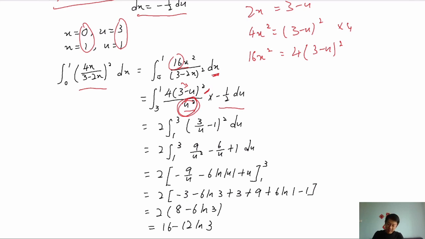From the second line to the third line, we have got 4 times a negative half, and then let me write down slowly, we get a negative 2, 3 to 1, and then we have got (3 minus u) divided by u, squared, du. Because this is squared and squared, we can factorize the square out and write them in a single term.